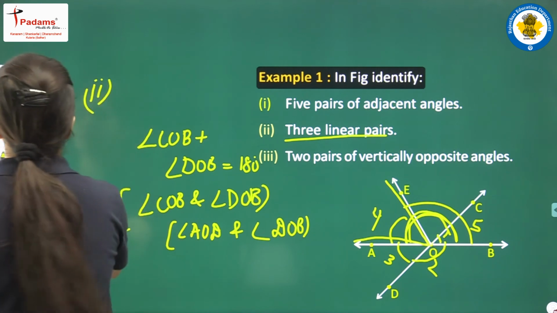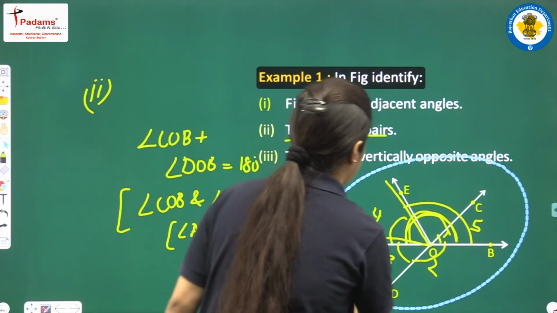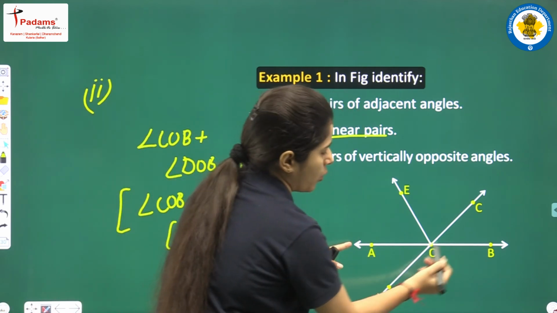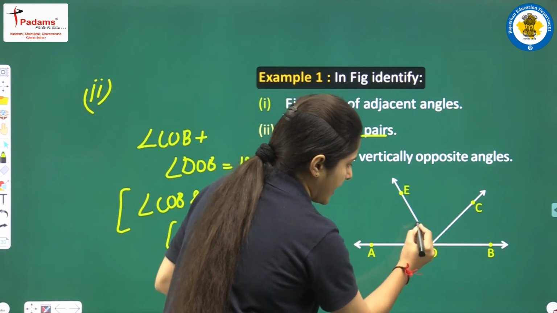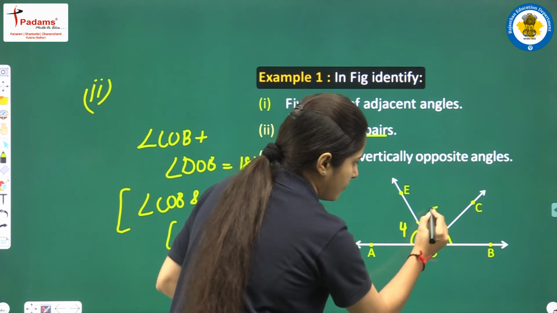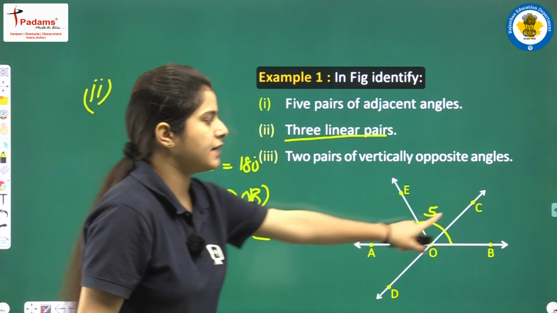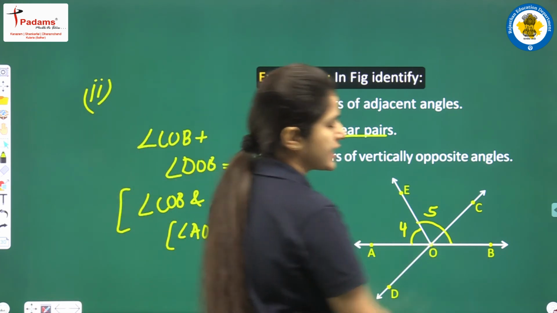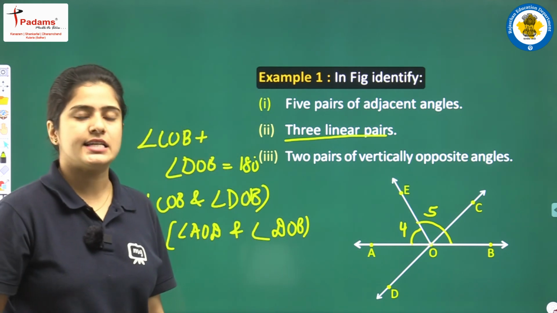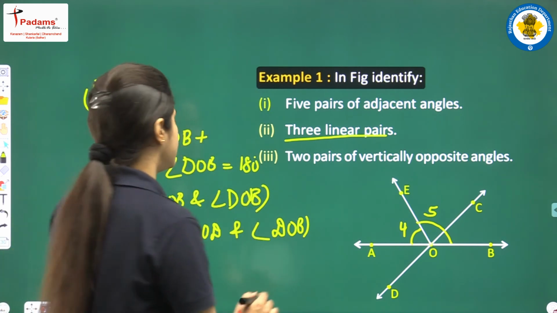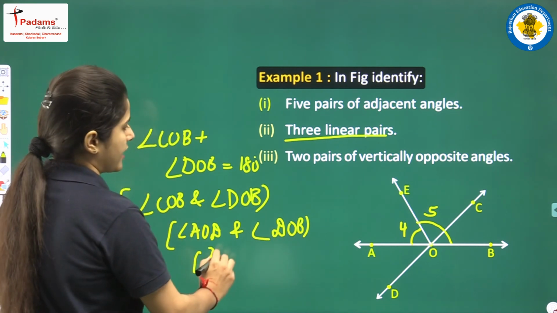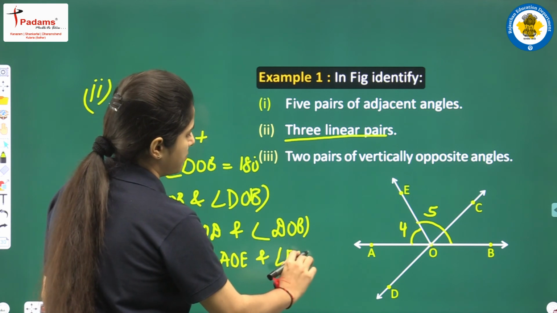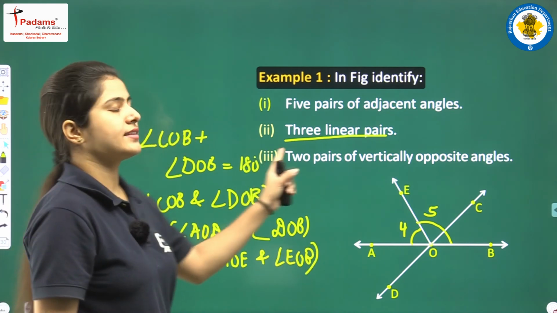I am just raising it up and showing it. If I am talking about this line AOB, then this angle and this complete angle, that is angle 4 and angle 5, are forming adjacent angles and these angles are supplementary, as they are based upon a single straight line, so it is forming the linear pair. So the third pair is angle AOE and angle EOB. So this is the third linear pair.